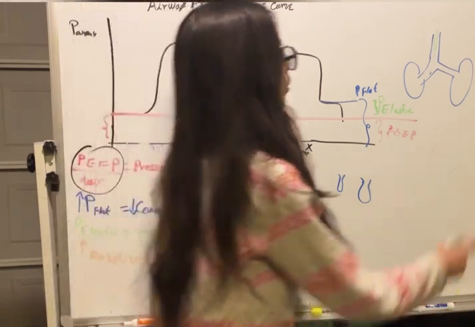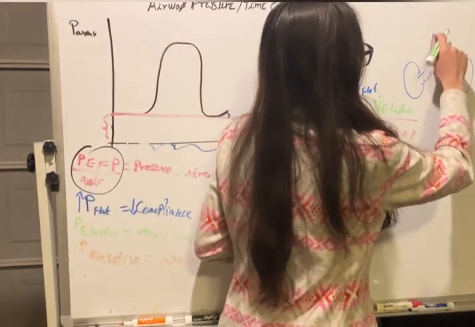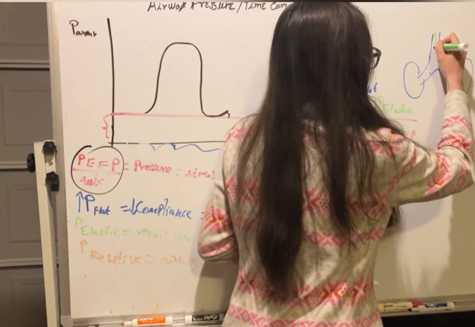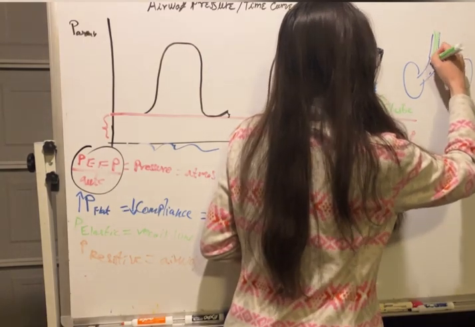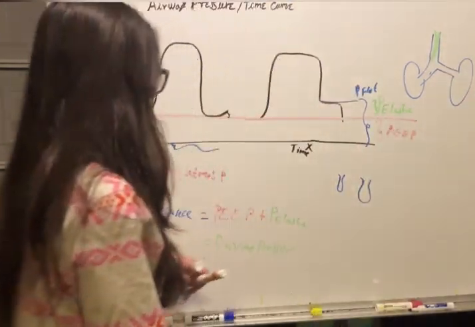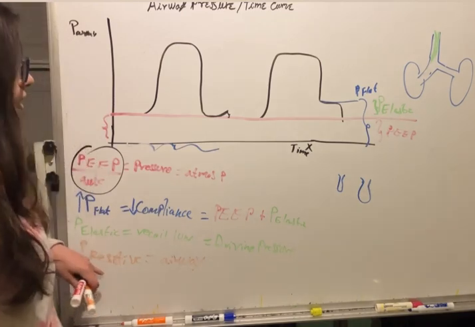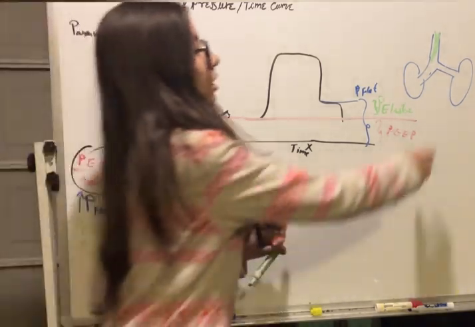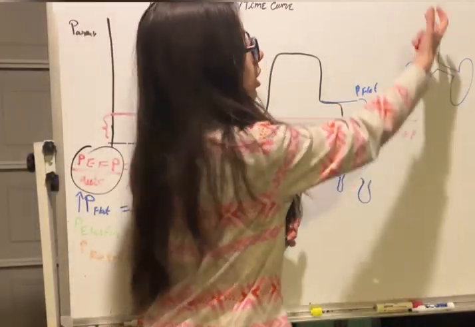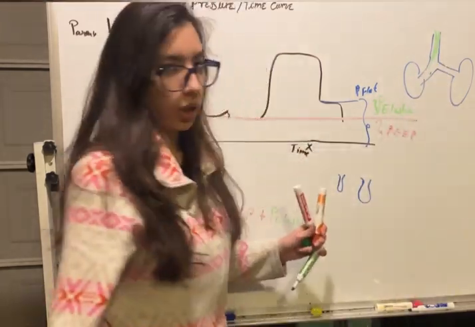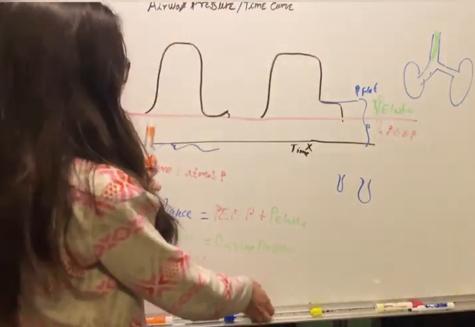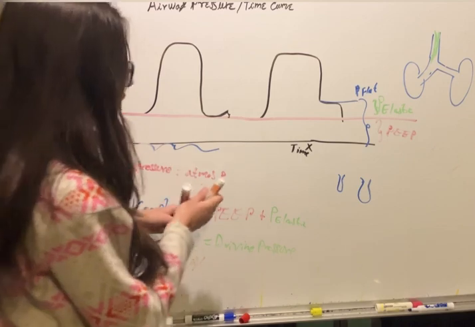Or if the endotracheal tube is kinked, this generates resistance. So the resistive pressure is the resistance in the airway that is opposing air entering the airway, and this is this part.